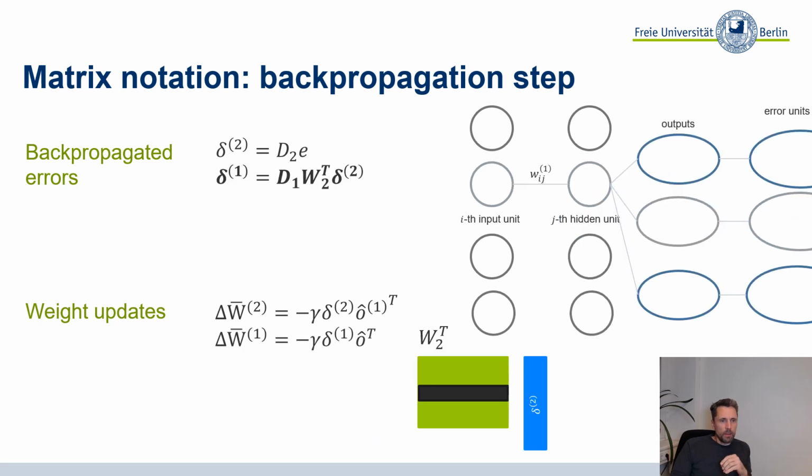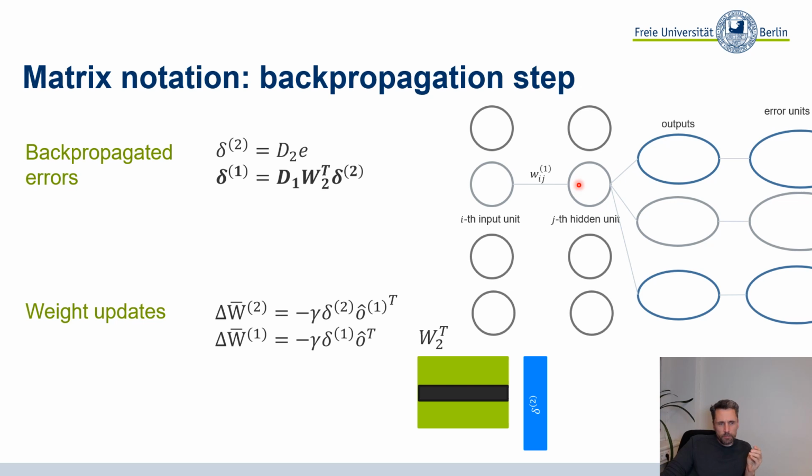Now, we have to backpropagate this further. From the delta 2s, that are the backpropagated errors until the output layer, we then compute the backpropagated error up to the hidden layer.